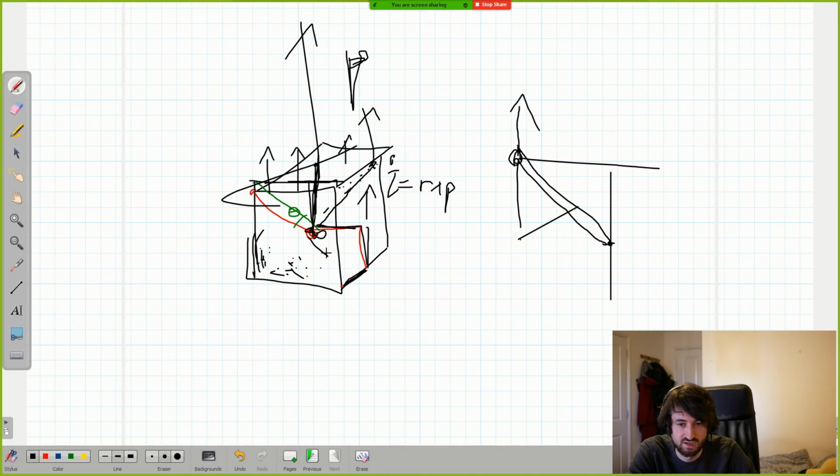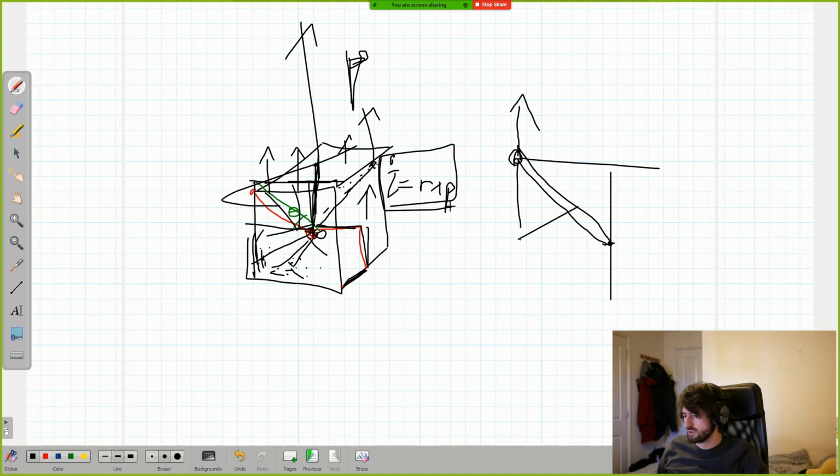But the R is going to be different for all of them, so every single one has their own little R. Don't worry about this because we're going to talk about it more next time.